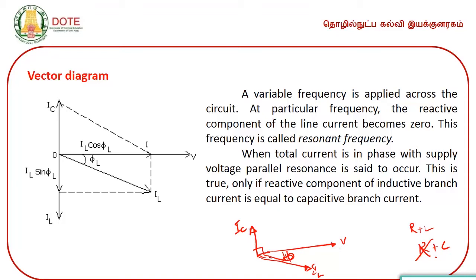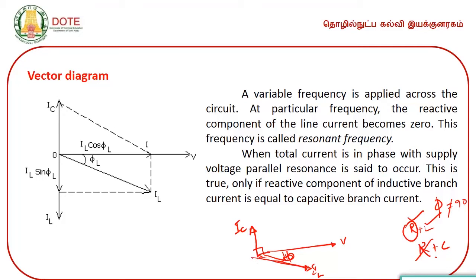Now, I will once again repeat: if there is no resistance in one branch, then you should have drawn this IL exactly perpendicular to this V, lagging behind the applied voltage. Due to the presence of R and L, the phi, that is the angle between the voltage and the current IL, will not be exactly equal to 90, but less than 90.